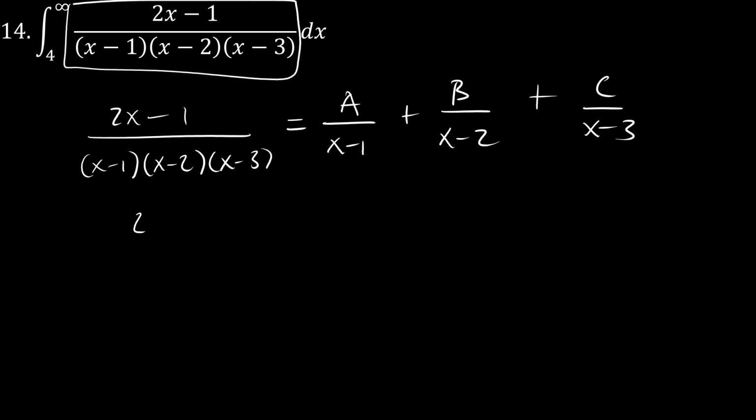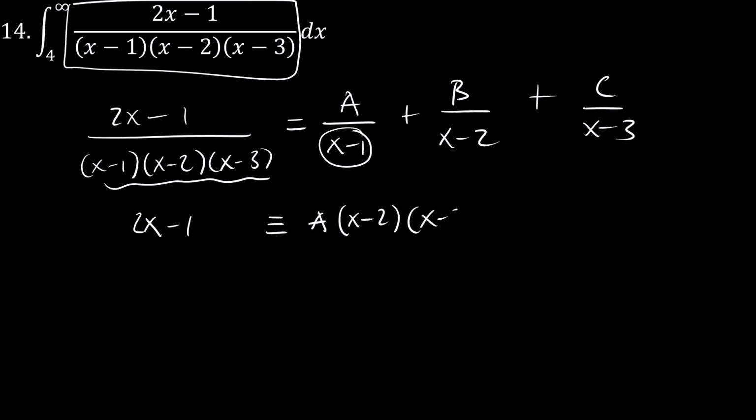So in other words, 2x minus 1 is equivalent to a times x minus 2 times x minus 3, plus b times x minus 1 times x minus 3, plus c times x minus 1 times x minus 2.